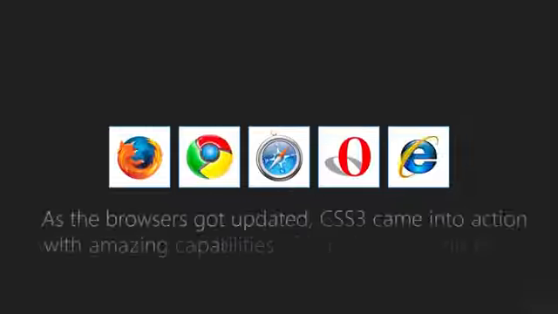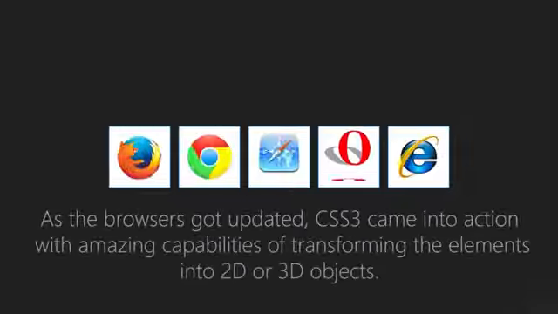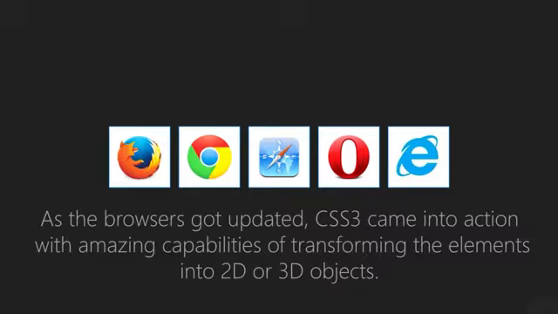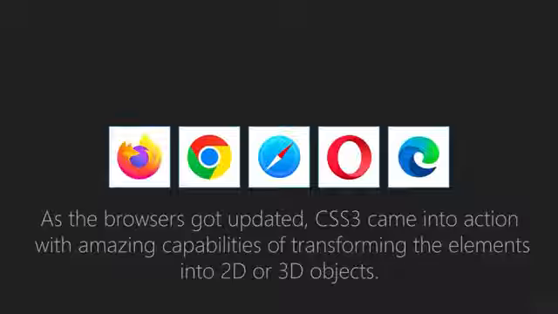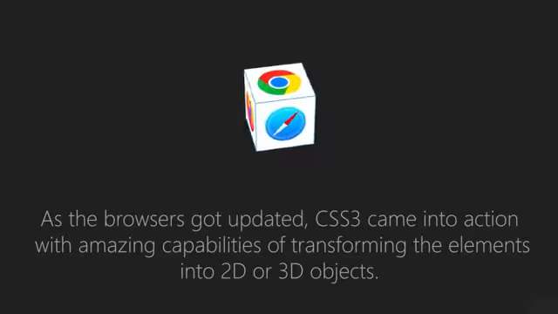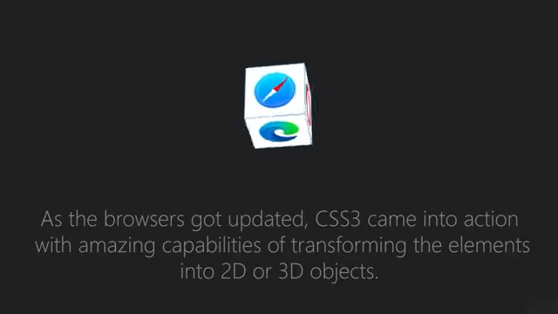Designing or transforming elements into 2D or 3D objects, or even animating them, has never been easier. As browsers got updated, CSS 3 came into action with amazing capabilities of transforming elements into 2D or 3D objects, animating and decorating them in the best way possible.